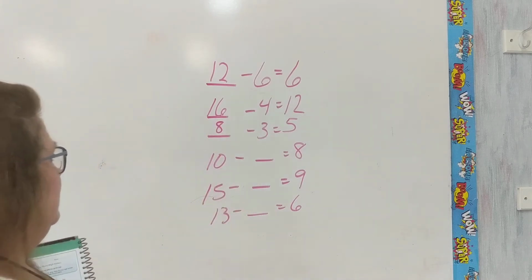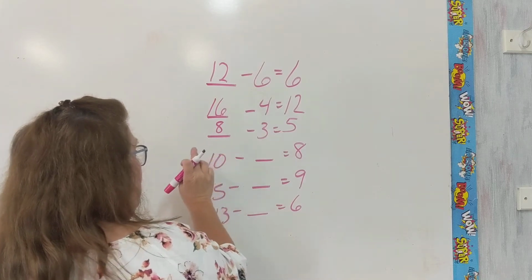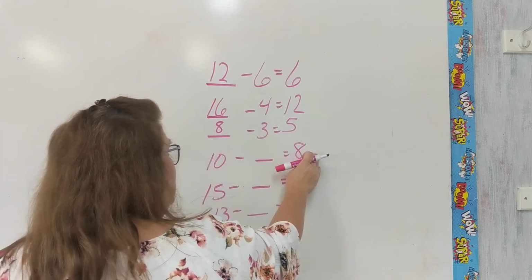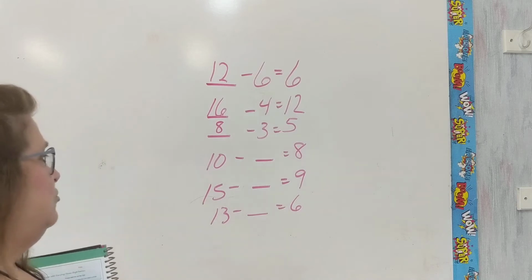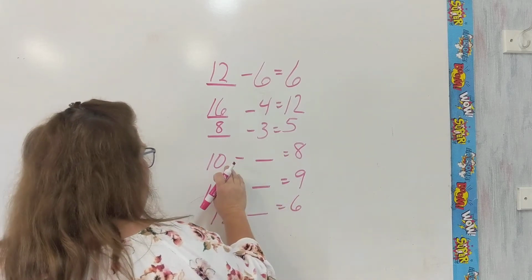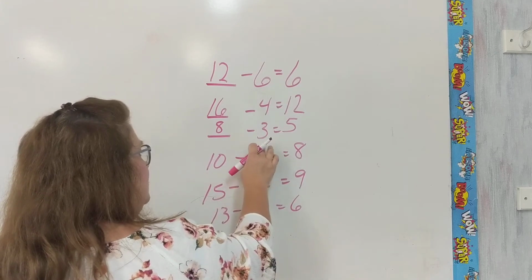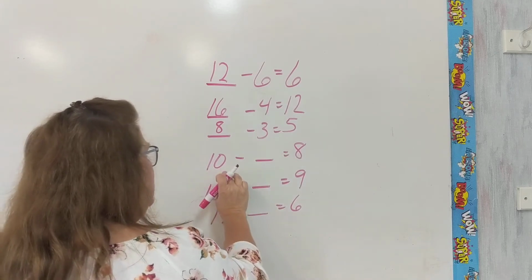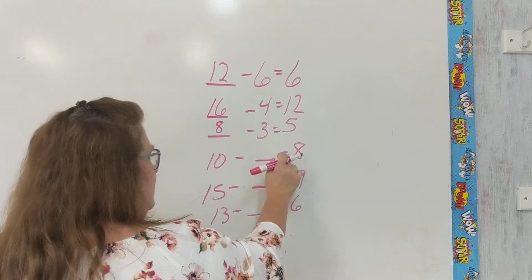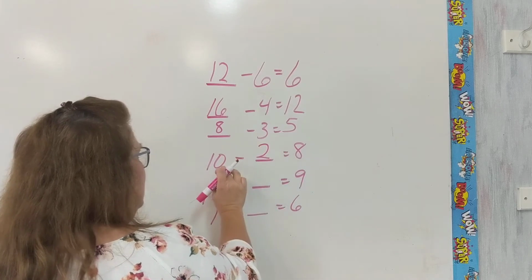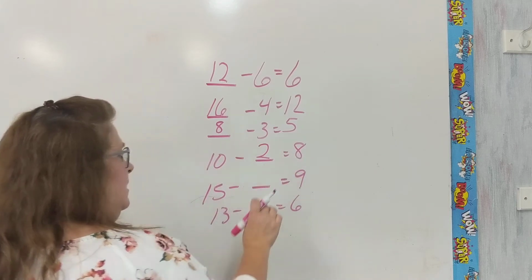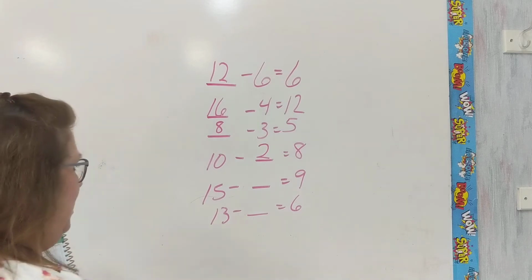All right, now on this one we have our minuend and we have our difference. So we are going to subtract our difference from our minuend to get our subtrahend. So what's 10 minus 8? 10 minus 8 is 2. So 10 minus 2 is 8, right? Pretty cool, huh?